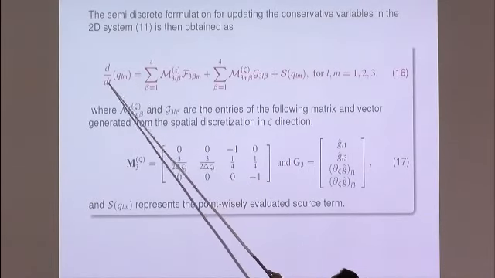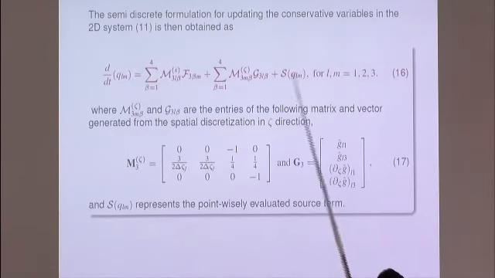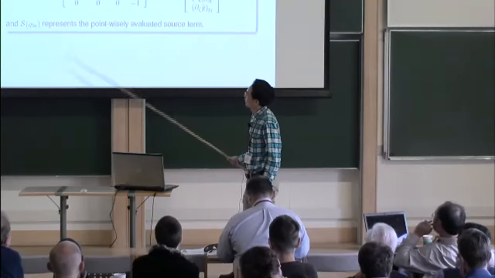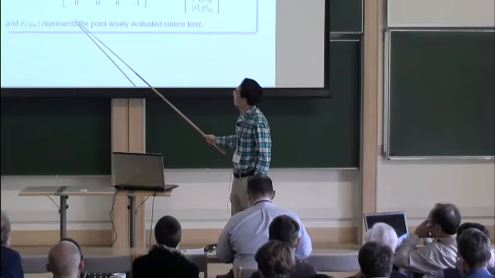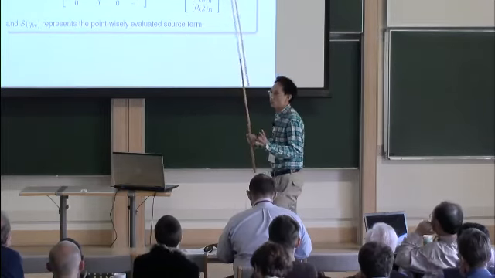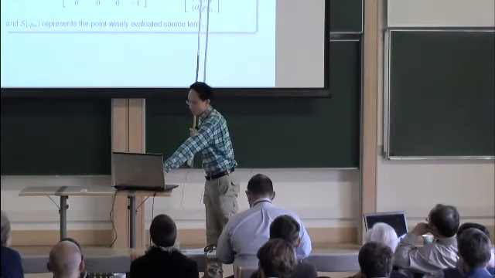Here is our solution point evolution, and this is the matrix. This is the source term. I want to emphasize that the source term is just point-wise, so it does not include numerical quadratures. This is very beneficial.